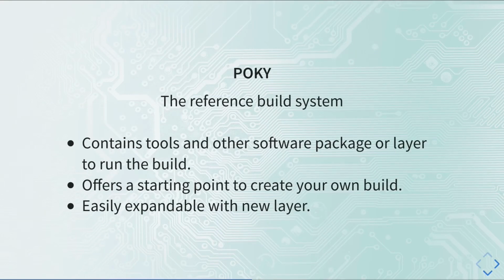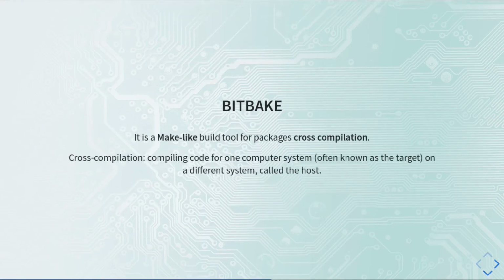So I told you that there's a build process in Yocto. You start from source files and you perform a build. The core of these source files, that is the reference build system, is Poky, a set of tools and packages that are gathered in layers. A good starting point to create a first fully featured build. Then the heart of the build process, BitBake.